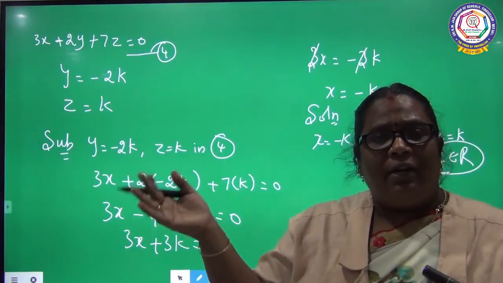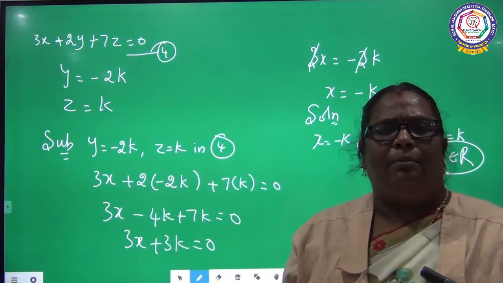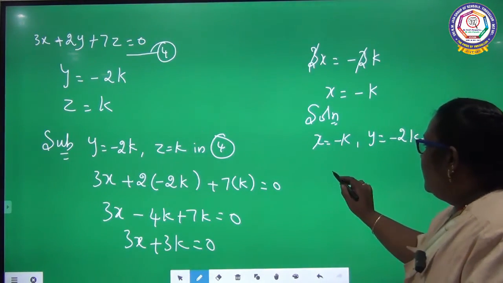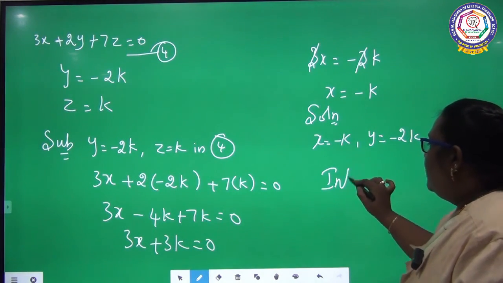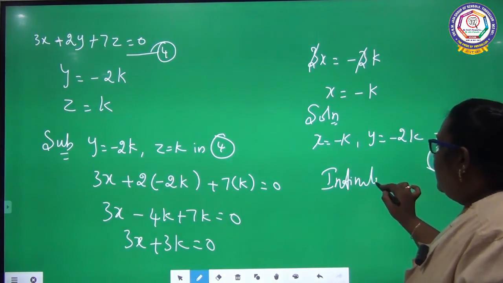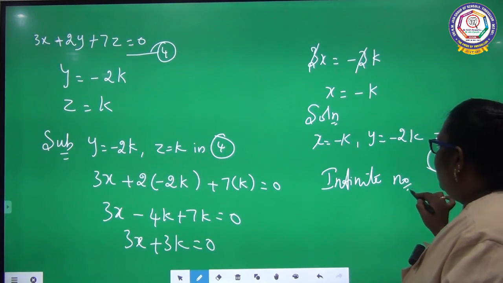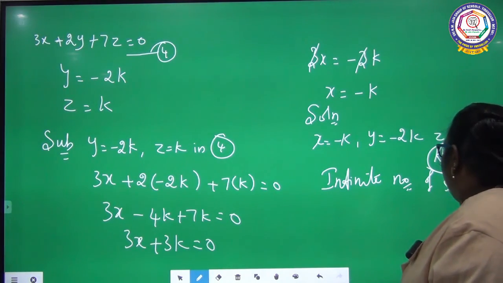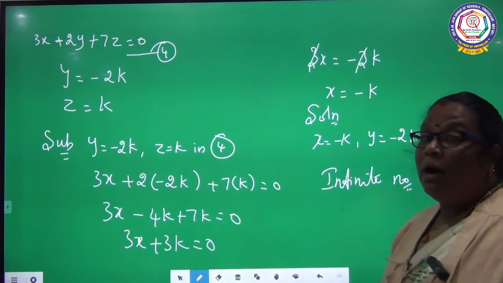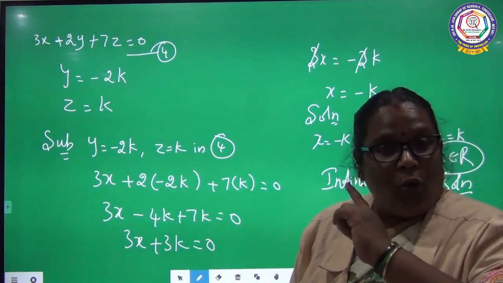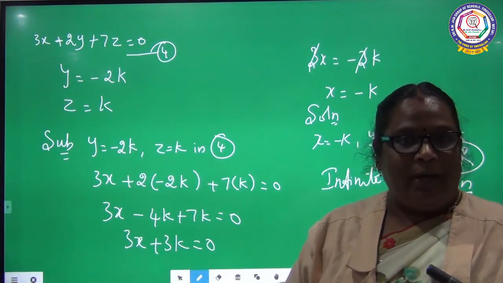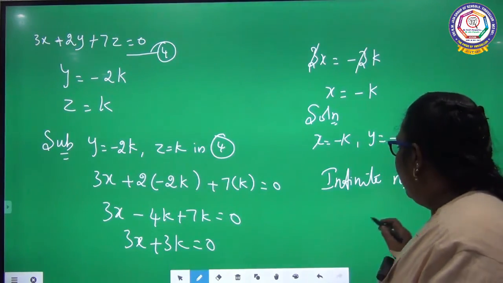So you get an infinite number of solutions. It is a homogeneous equation.